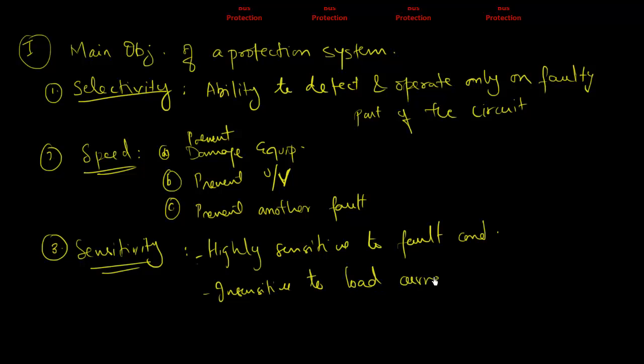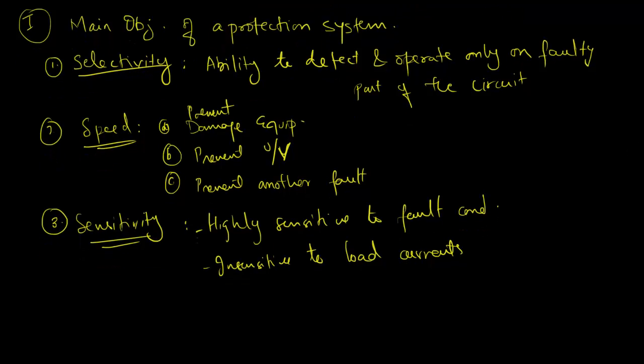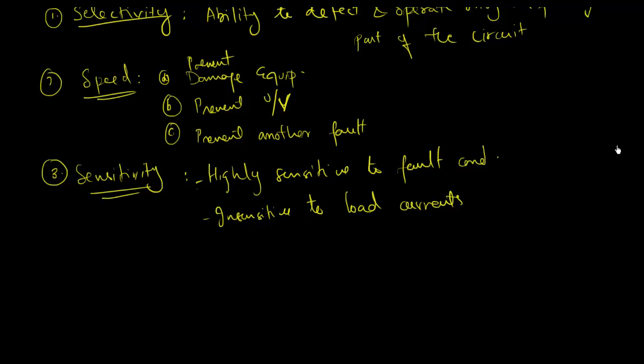So for example, when you're designing the motor protection, you want the inrush to go through the breaker or the motor protection, but you do not want a fault. You want it to operate in fault conditions. So you want it to be able to differentiate whether it's an inrush current or a fault current. So you want your system to be sensitive.